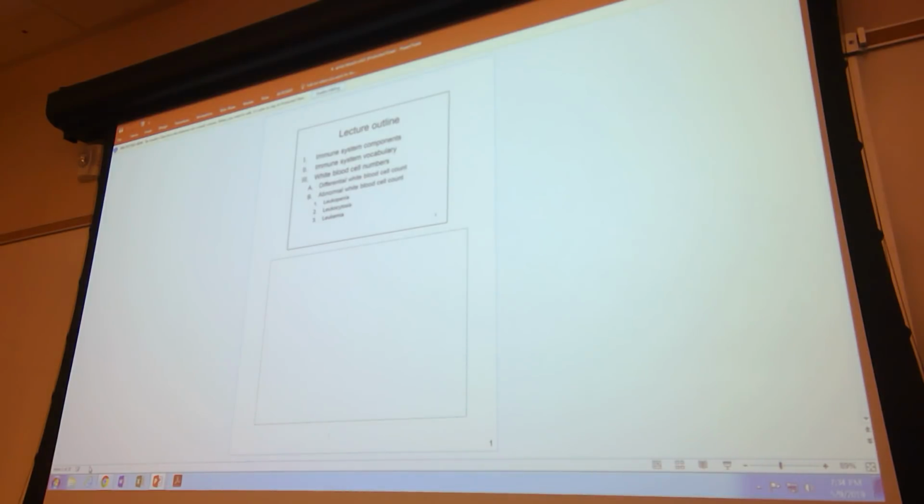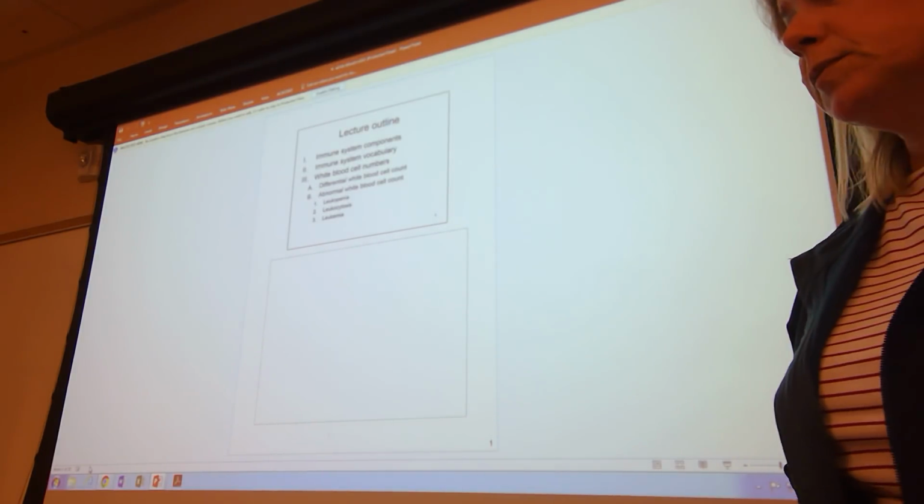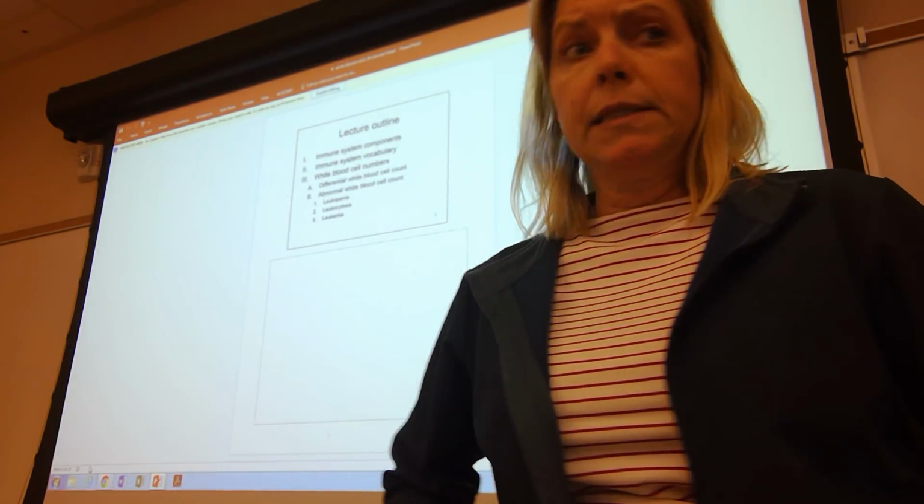And something else that goes along with this would be blood typing. That's clinically important and has everything to do with the immune system. So please review blood typing.